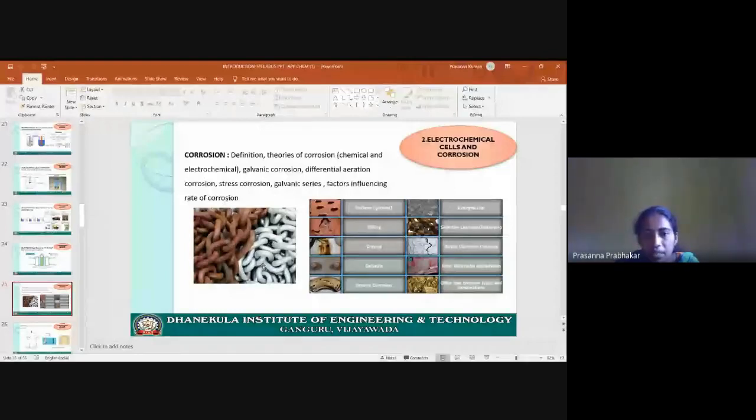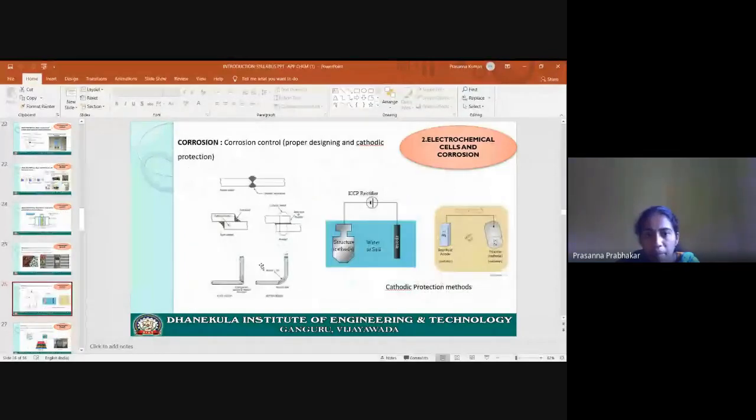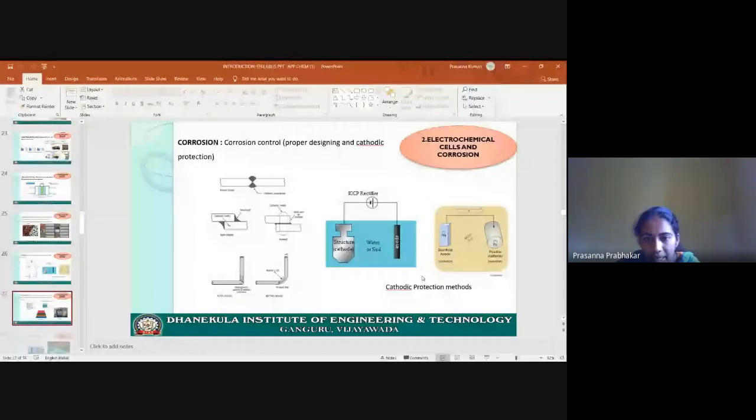Next, these are the controlling or preventing methods to protect the metal from corrosion: using proper designing, avoiding stress, and adding a cathode, which is the cathodic protection method. Other methods are electroplating, galvanizing, and tinning.